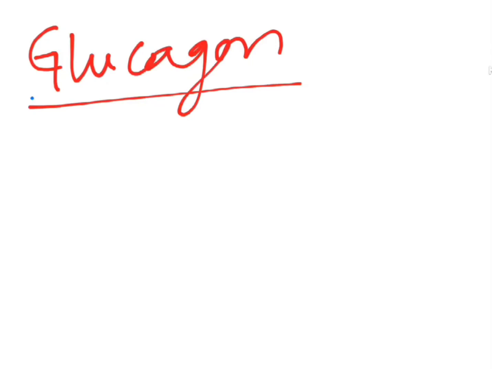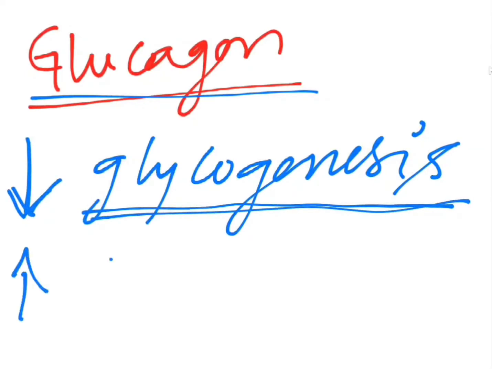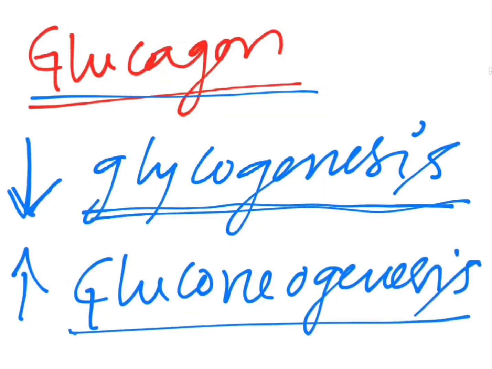Other than gluconeogenesis, this glucagon also reduces glycogenesis. Remember this, glucagon reduces glycogenesis and increases gluconeogenesis.